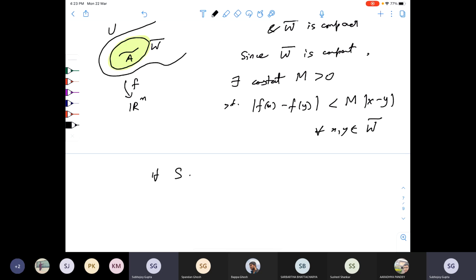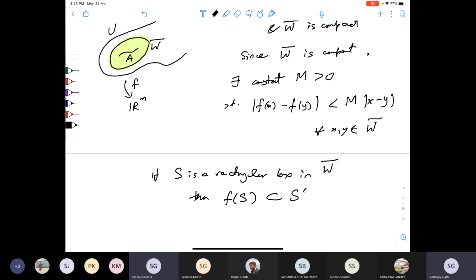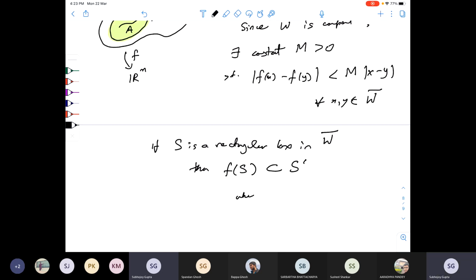If S is a rectangular box in W closure, then f of S is going to be contained in some other rectangular box in Rn, where the volume of this box is less than some constant depending on m times the volume of S. Why is this?